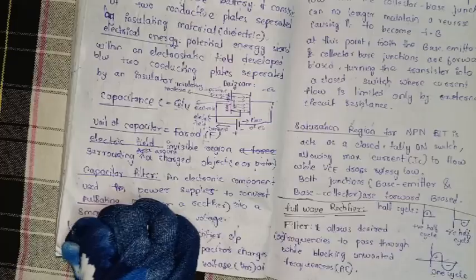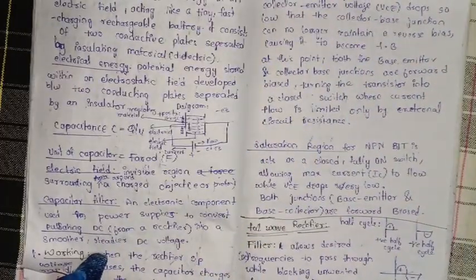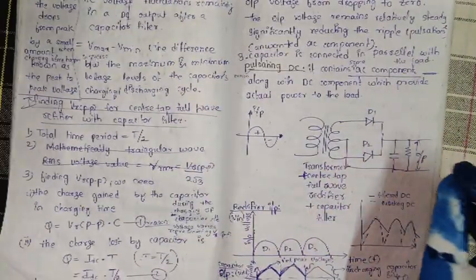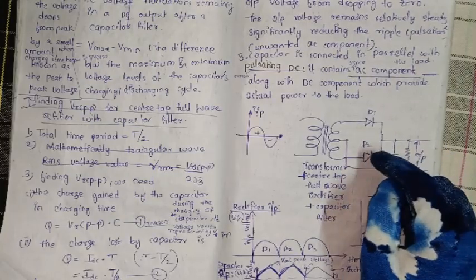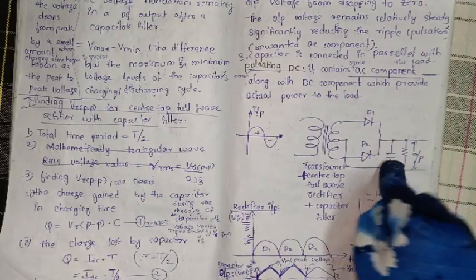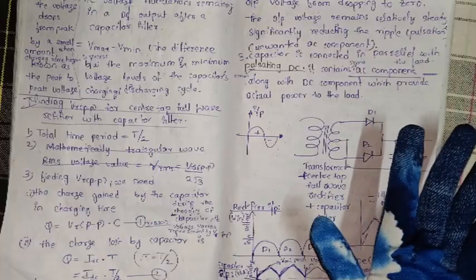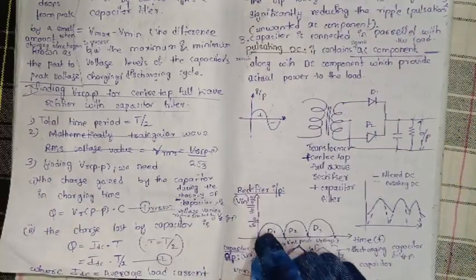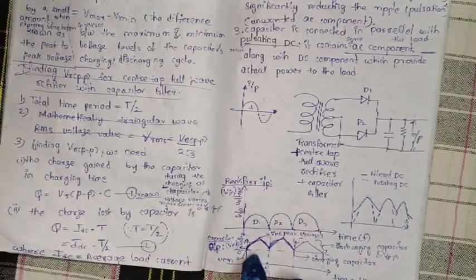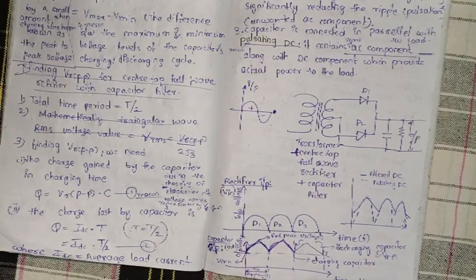I have shown in the diagram, you can understand by the diagram, that the rectifier voltage is increasing, meaning the voltage from diode 1 and diode 2 is increasing, so the capacitor charges to the peak voltage, denoted by Vm. Here it is the rectifier output, not input.